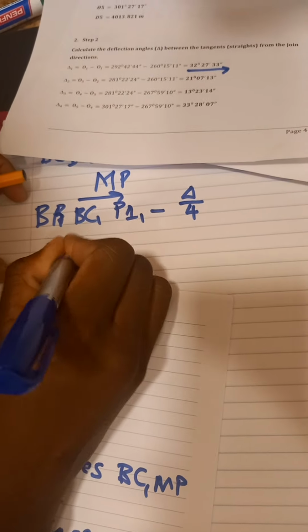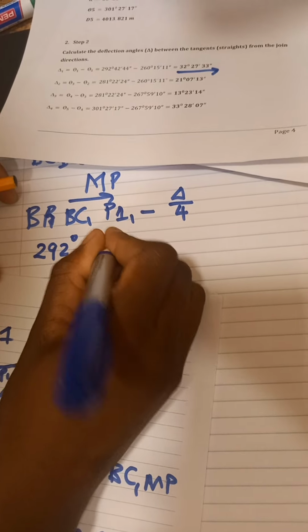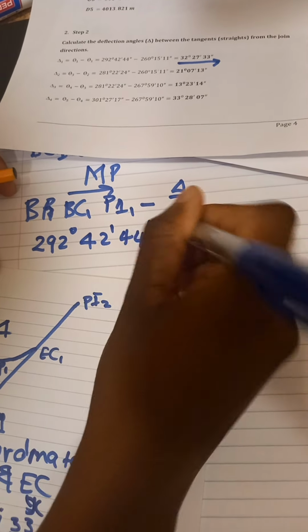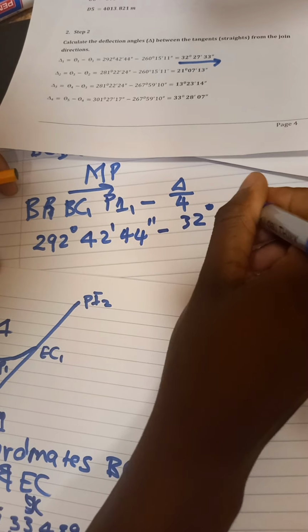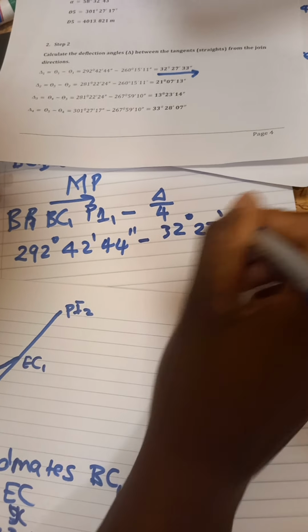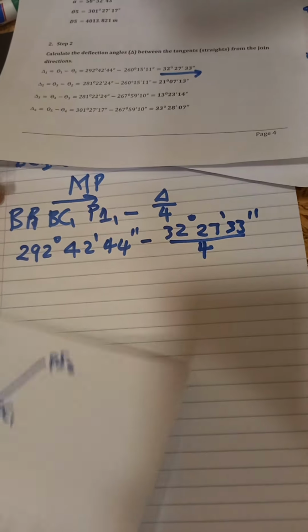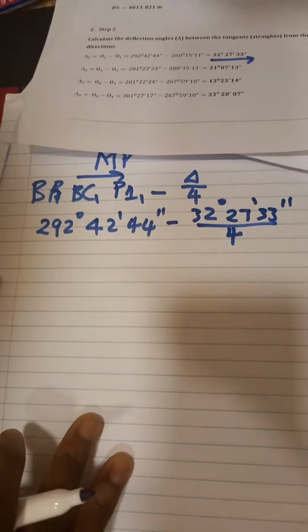So what you will do, you put that 292 degrees 42 minutes and 44 seconds minus 32, which is the delta, 27.33 seconds divided by 4 to get the bearing from BC1 to MP.